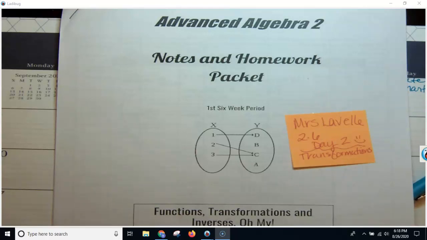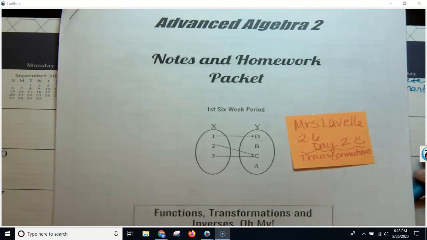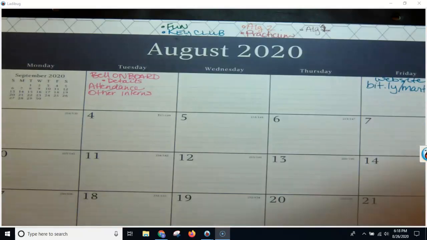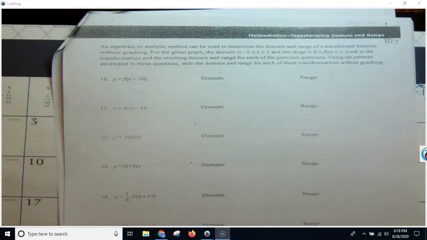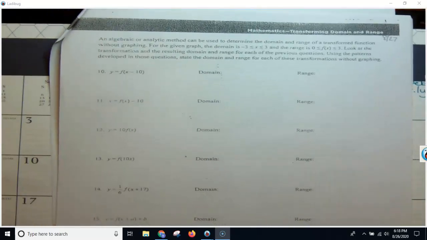Guys, so today we are going to be talking about transformations. Now this stuff is going to be so important, and something you're going to continue to use throughout math. So I would suggest you really take some time to learn it now.